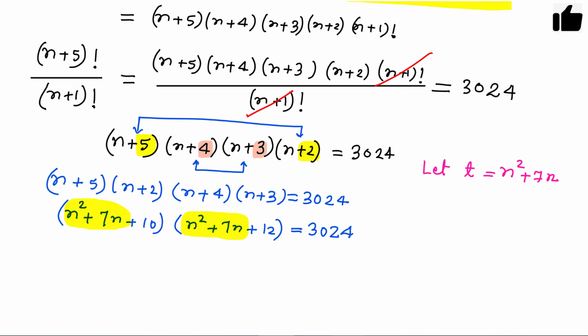With this substitution, the equation becomes (t+10)(t+12) equals 3024.